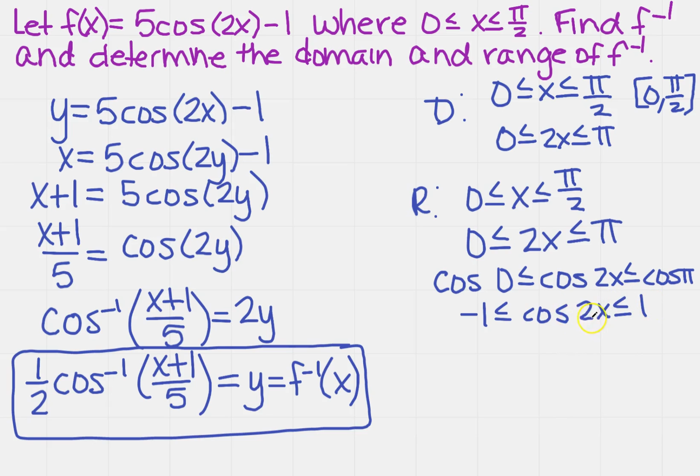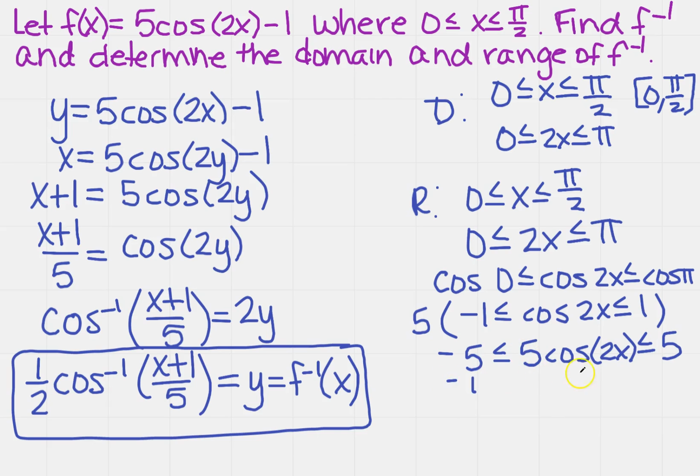Now, how does that differ so far from what I originally started with? Well, I had a 5 out in front. So let's multiply this whole thing by 5. So that would give me minus 5 is less than or equal to 5 cosine of 2x is less than or equal to 5. Okay, so far so good. What am I missing in the middle? I'm missing the minus 1.